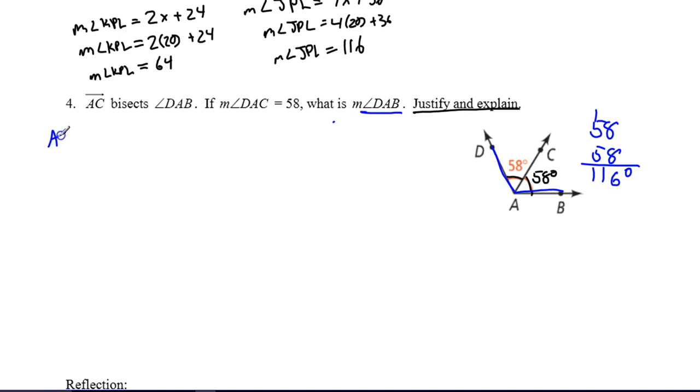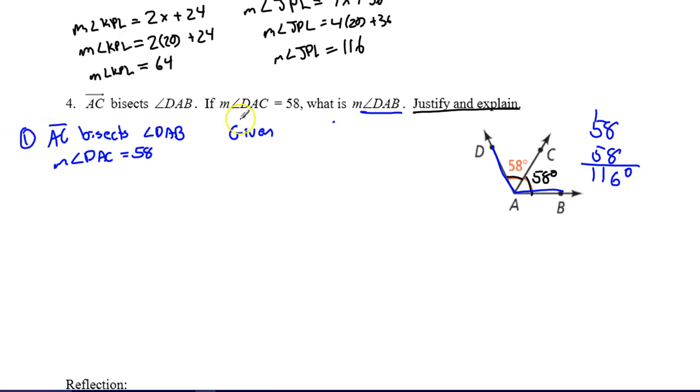So here's how this would look. AC bisects angle DAB, and the measure of angle DAC equals 58. That is given information to us. Okay, we know that, so it's given. We might number these.